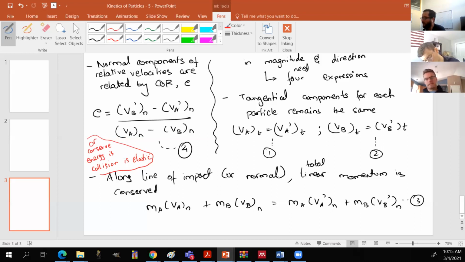Well, technically it should say perfectly elastic, but you guys get the point. And if your coefficient of restitution is not given in your problem, and you need a fourth expression, if you assume that energy is conserved, that's okay. That's the way to go.